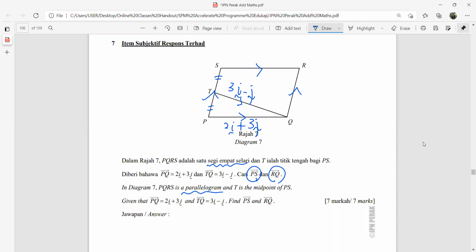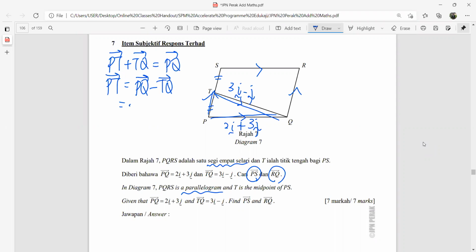So I can find PT first, because PT and TQ and PQ can use this triangle to link them. You can relate them easily by seeing the direction. PT plus TQ is actually PQ. So to find PT, it equals PQ minus TQ.